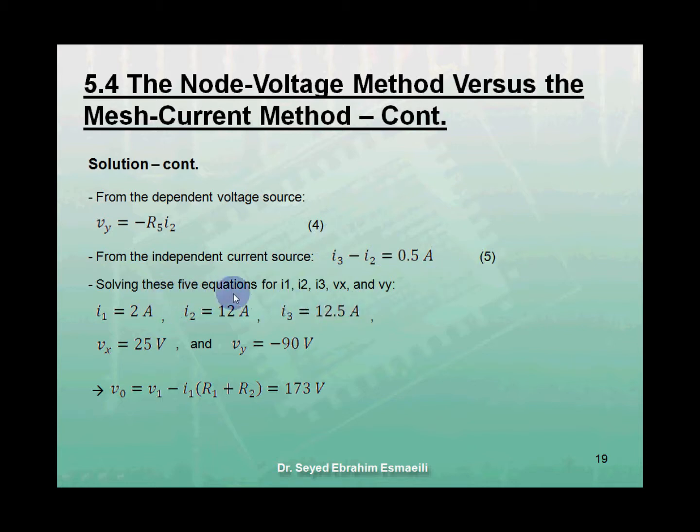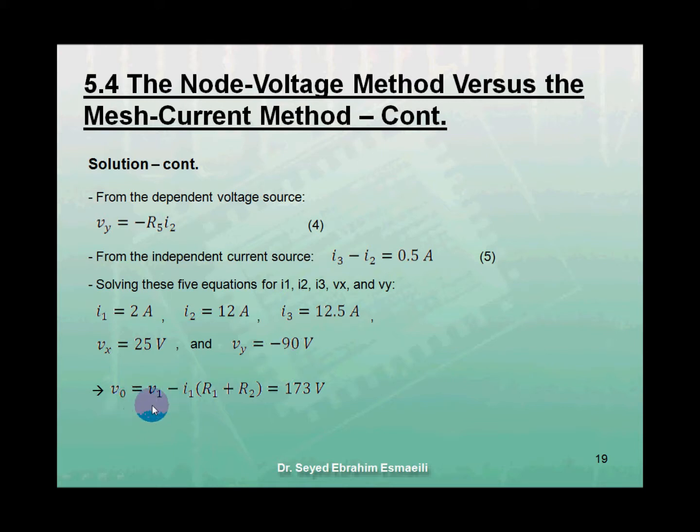Solving these five equations for I1, I2, I3, Vx, and Vy, we get I1 equals 2 amps, I2 equals 12 amps, I3 equals 12.5 amps, Vx equals 25 volts, and Vy equals minus 90 volts.